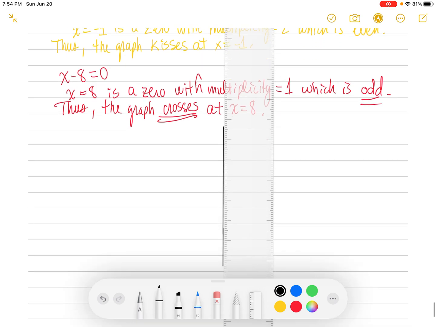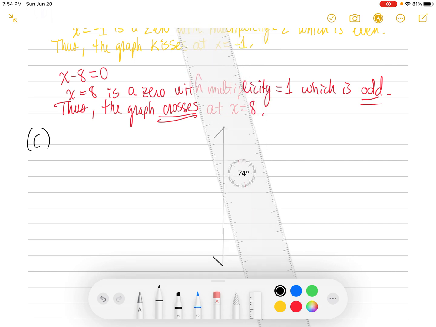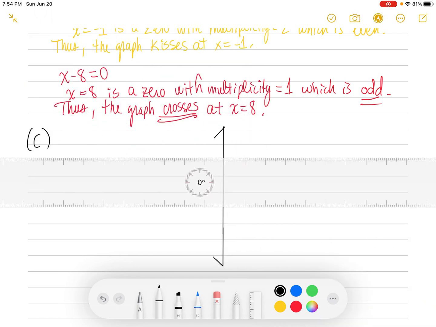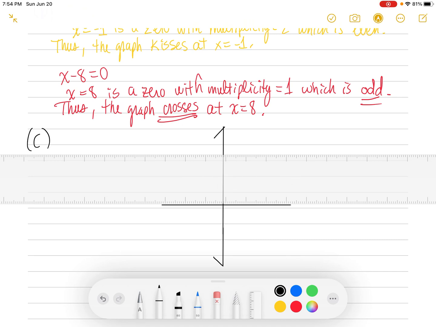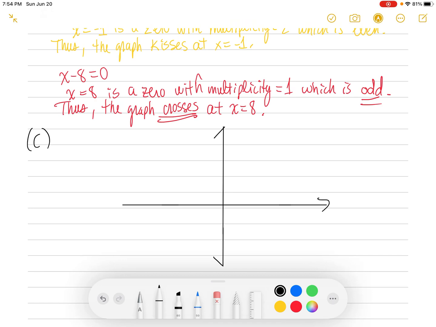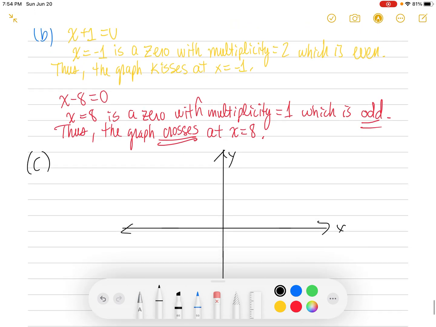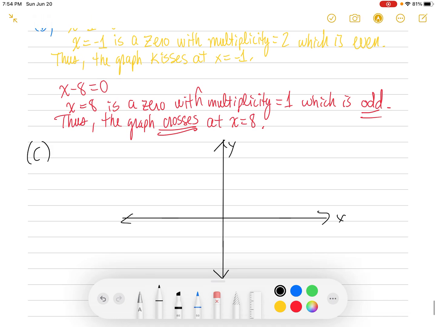So when I graph all this out, it's going to be part C. X-axis, y-axis. I'll start with my 2 intercepts, or my 2 zeros, or my 2 roots.